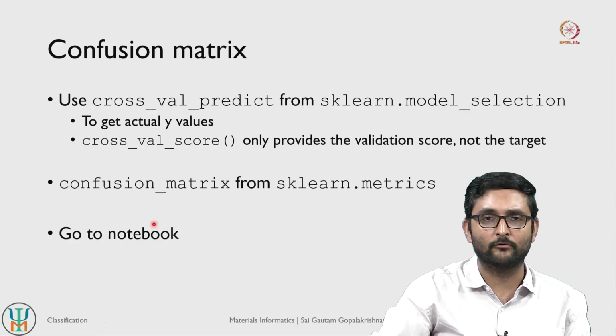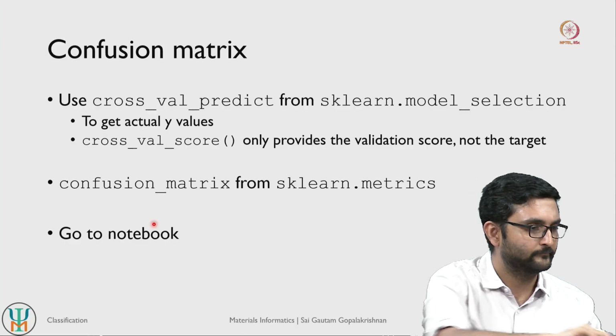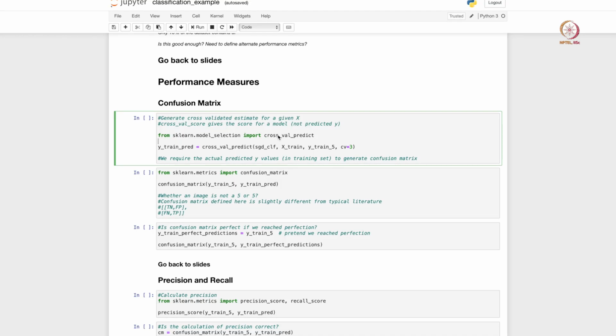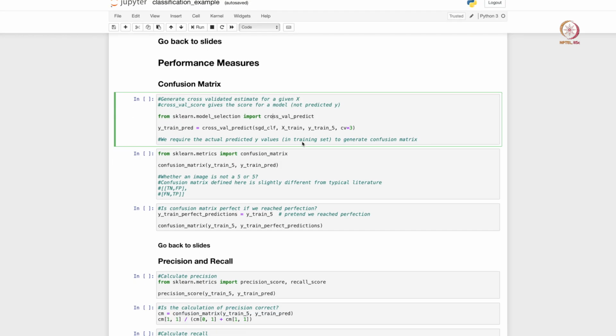So let us see how to generate a confusion matrix, right. So we first import this cross_val_predict function from scikit-learn model selection, and we basically execute.